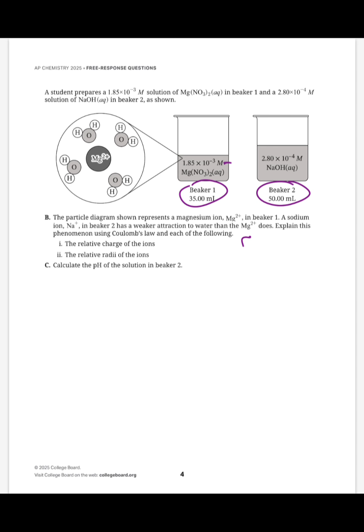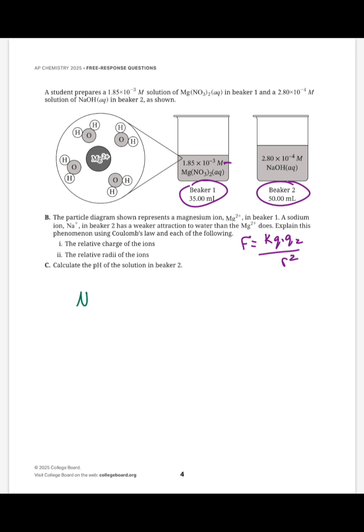Coulomb's law is that the force of attraction is equal to k times Q1 times Q2 divided by r squared. If we think about this mathematically, we have a greater charge overall for magnesium, but they both have the same number of energy levels because they're both in the same horizontal period on the periodic table.